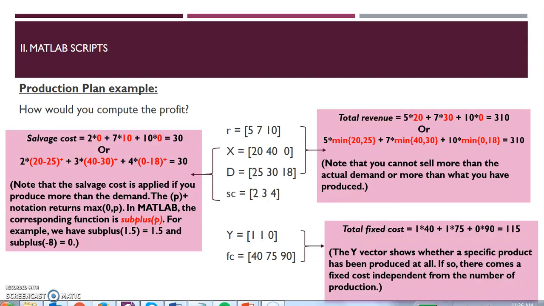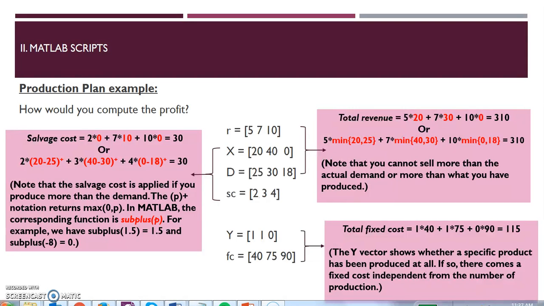So the revenue of this product is not the multiplication of 40, which is the total production of product 2, by 7, which is the unit revenue of the product 2. It is 30 times 7, which is 210. What is the revenue out of the product 1?